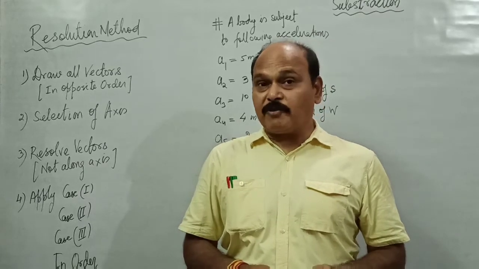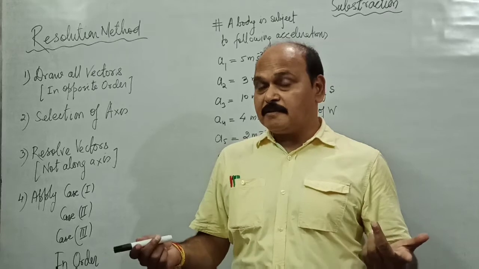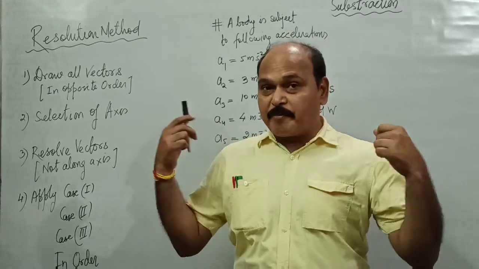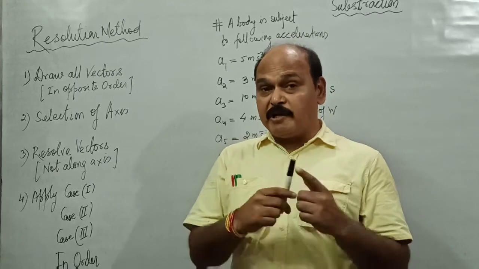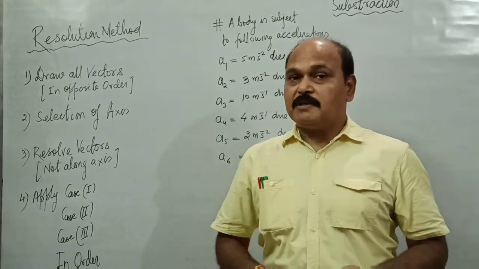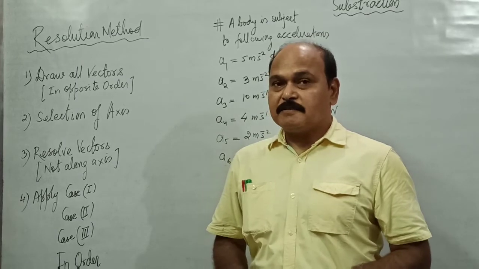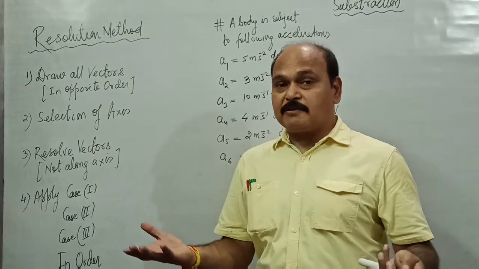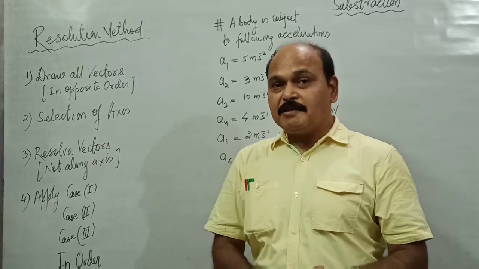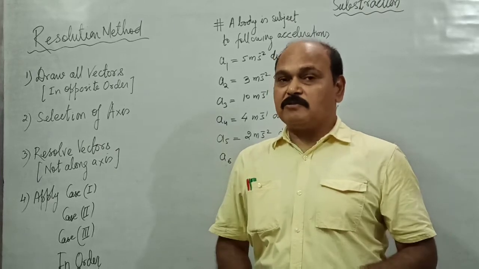And the x-axis and y-axis should be such that along them there are the maximum number of vectors. If there are the maximum number of vectors along any two perpendicular axes, we'll take those axes. This is simply because if we select the axes along which there are the maximum number of vectors, we'll have to do the least resolution.